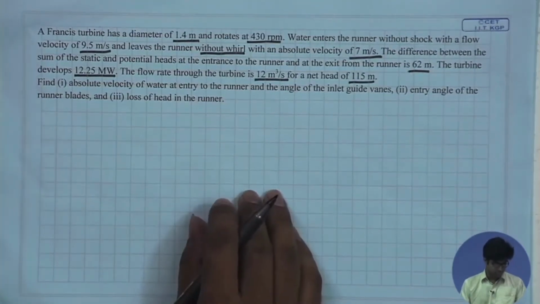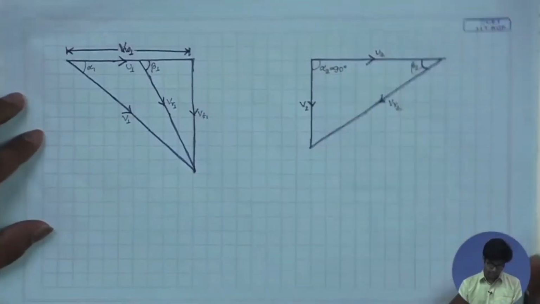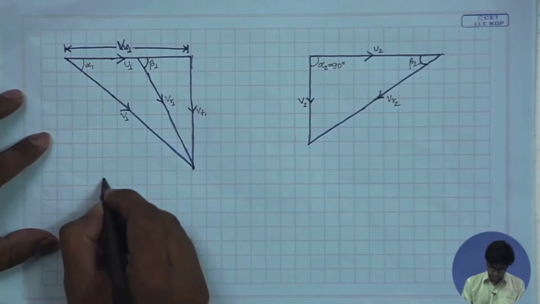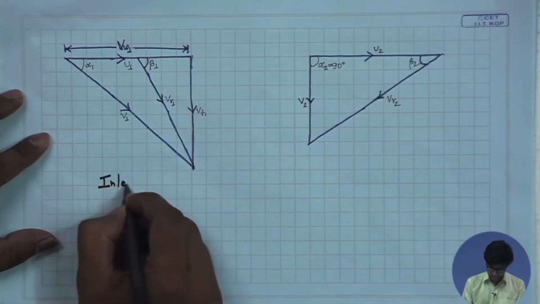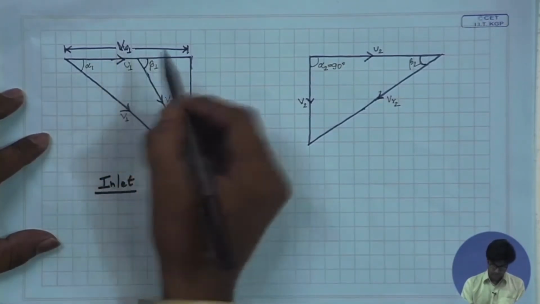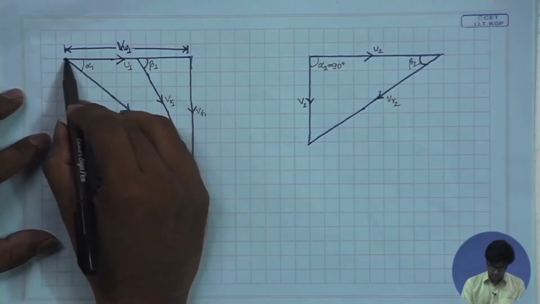First let us see the velocity diagram for the Francis turbine at the outlet and at the inlet. This is the velocity diagram at the inlet. This is the tangential velocity at the inlet, or the whirl velocity at the inlet.